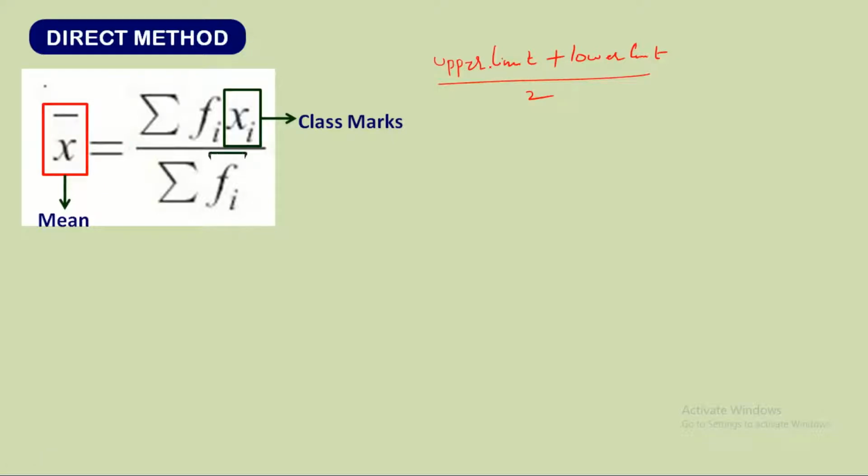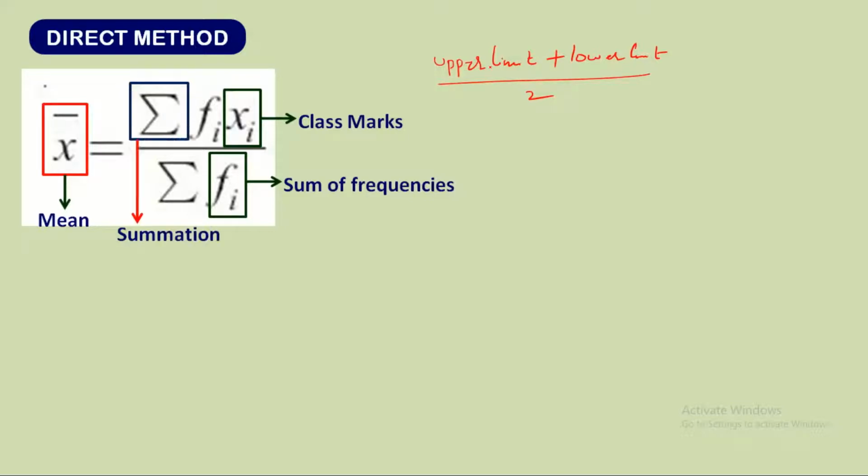And as you know, fi is the frequency of the given classes, and the symbol sigma stands for summation, which is simply addition.